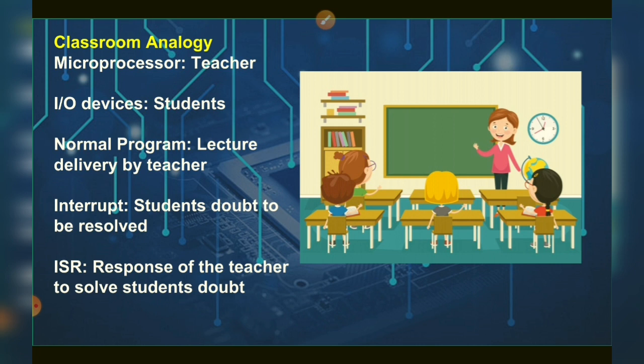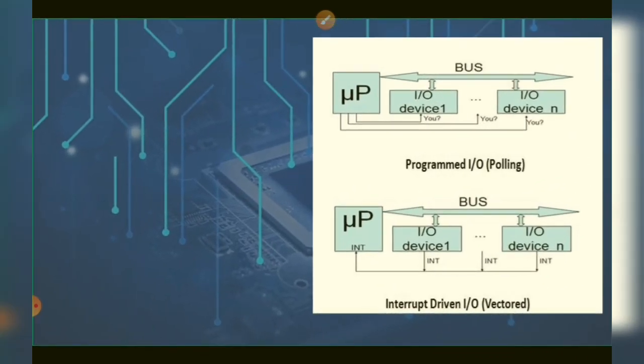This will cause a delay in solving his doubt, and at the same time would waste the teacher's time in asking those students who didn't have a doubt. This problem can be resolved in the second case, where one who really wants to ask a doubt would interrupt the teacher.